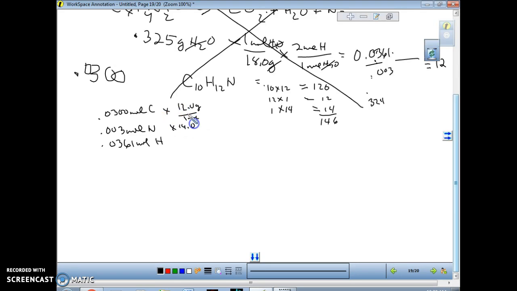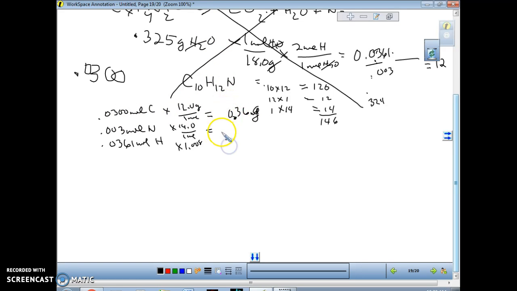We're going to multiply this one by 12, by 14, and by 1.008. So when we do that, here we get grams, excuse me. Let me get my calculator out here. I have my decimal point wrong on that other one. So on this one, the 0.03 times the 12 is 0.36 grams.